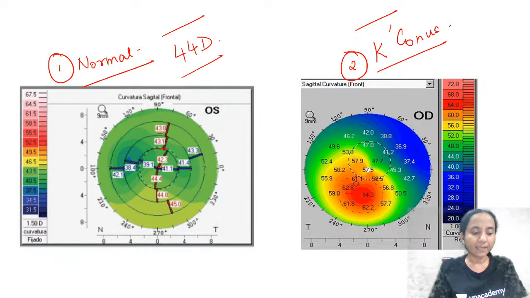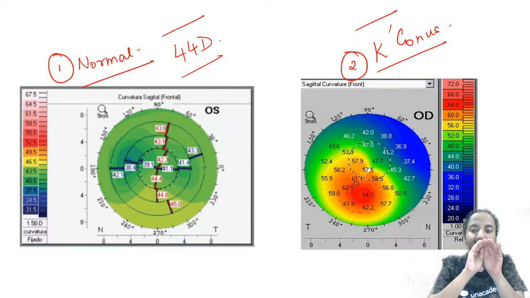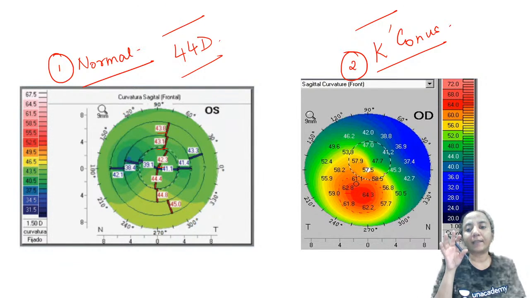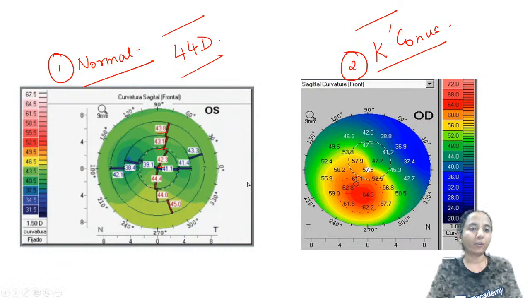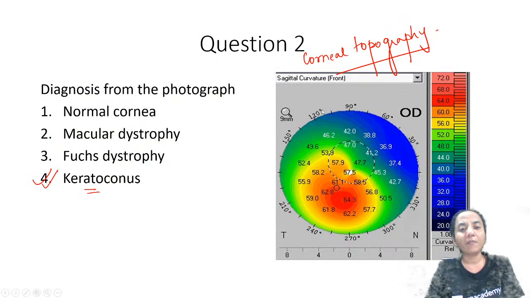In this, you can see that this is only a curvature map. So we are showing that there is a localized area of increased curvature, and that is why we are saying that this is keratoconus. So this is another very typical and suggestive investigation. This is a corneal topography which shows us keratoconus.